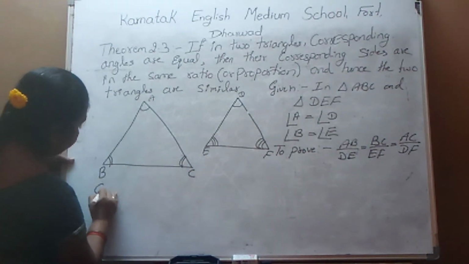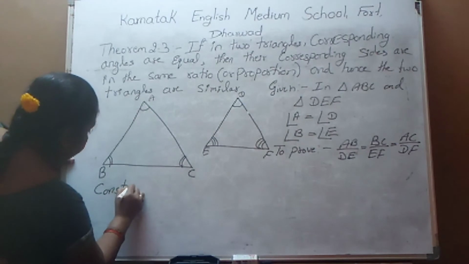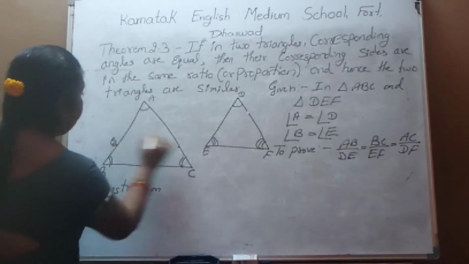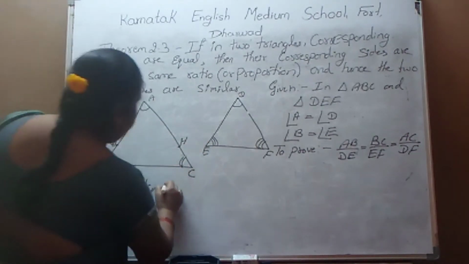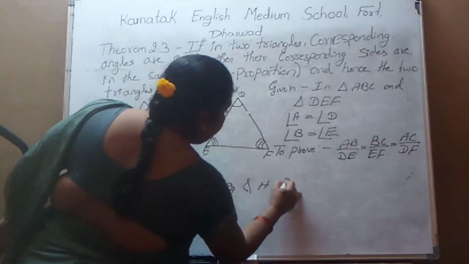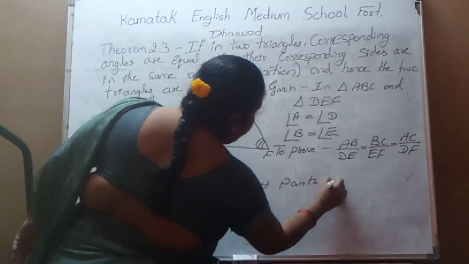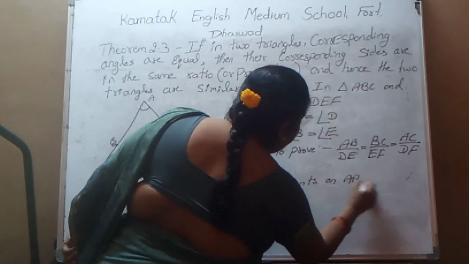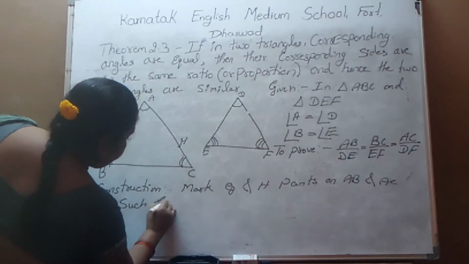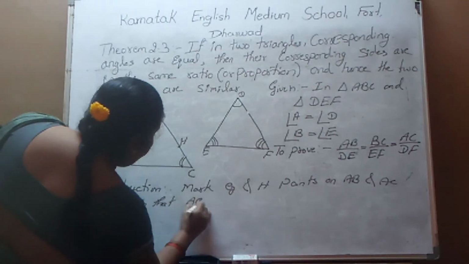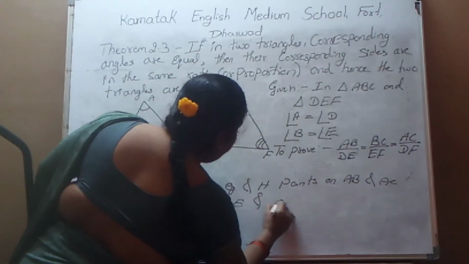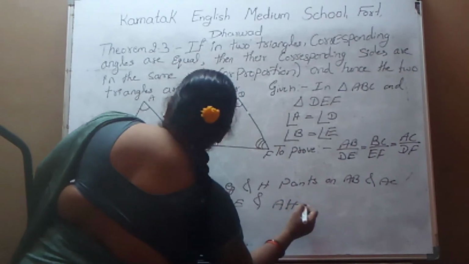Mark two points G and H on AB and AC such that AG equal to DE and AH equal to DF.